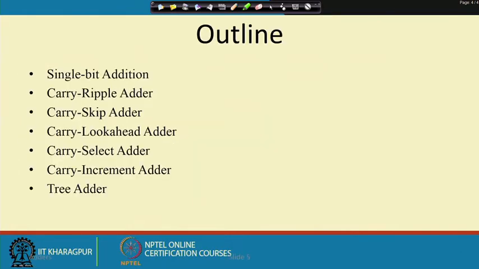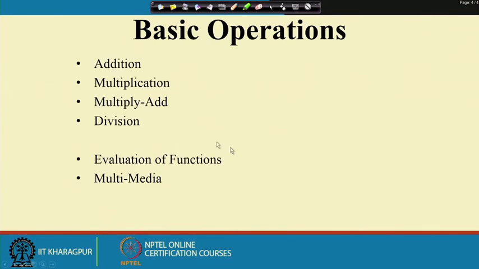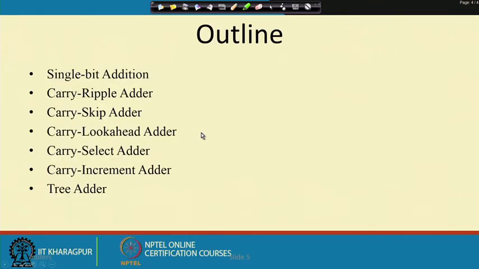If we start with the addition operation first, there are several adder architectures. Here I have listed only a few of them.